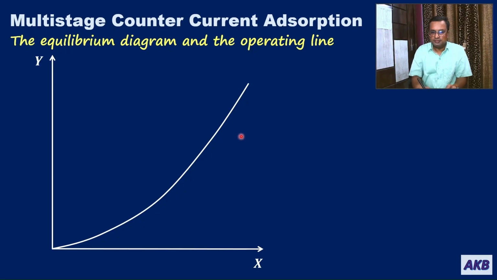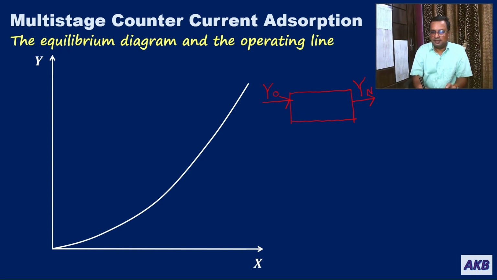Now in the operation, if I show that operation by a rectangular box, then the feed solution is entering into the operation. This rectangular block has the n stages in the cascade. So the entering liquid has a concentration of capital Y0, and when it comes out, the concentration of the solute in the liquid solution is Yn.